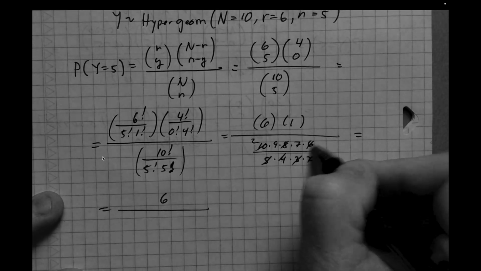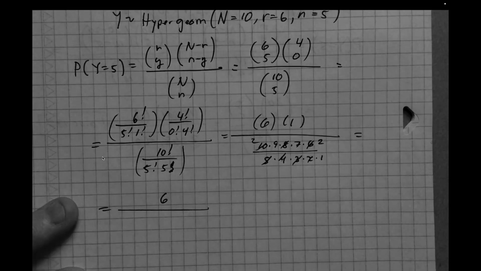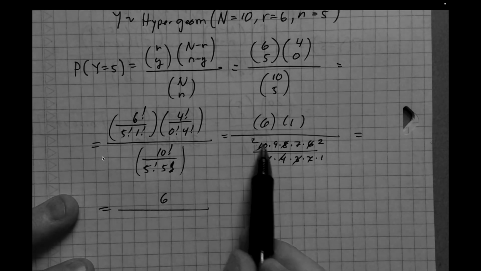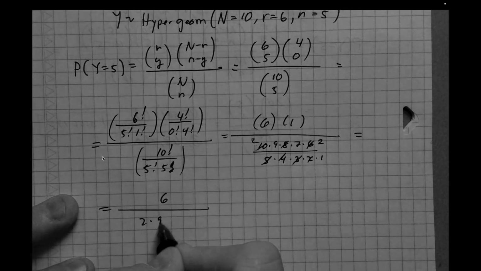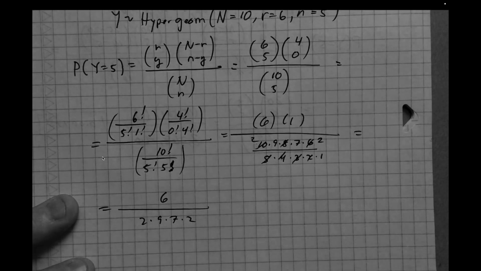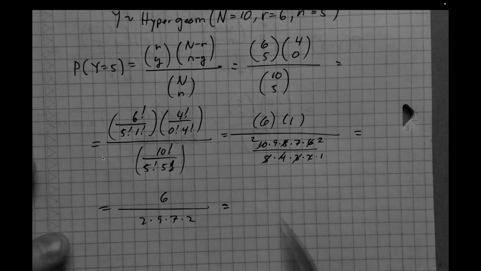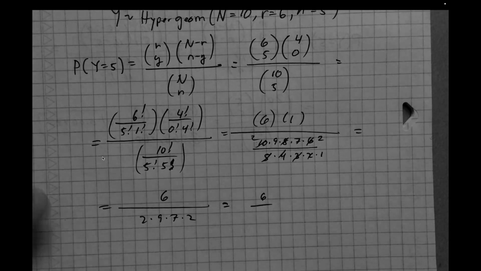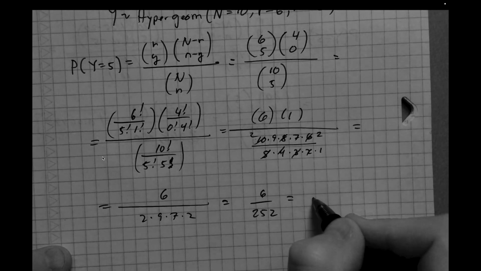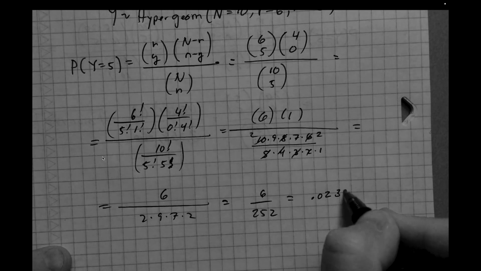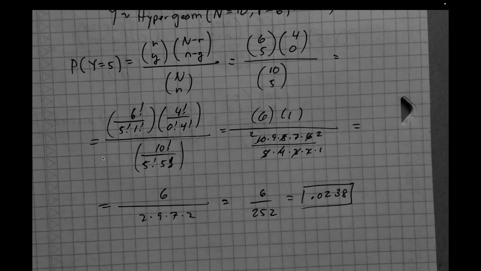The 3 will cancel with the 6, and I'm left with 2. So really down here, I've got 2 times 9 times 7 times 2. And so I've got 6 divided by 252. There's about a 2% chance of this happening, 0.0238. So not very likely.